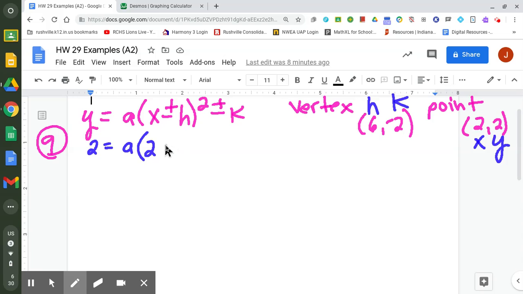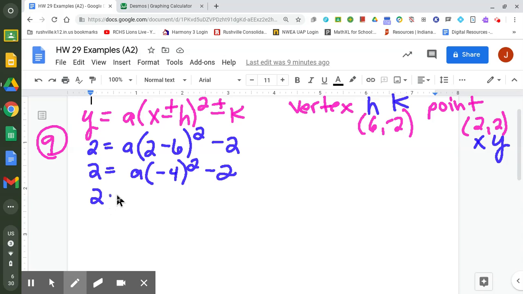And the h will have to be negative 6 squared. And then minus 2. And so we simplify. And 2 minus 6 would be negative 4. So then negative 4 squared would be 16a minus 2. We need to add 2 to both sides.